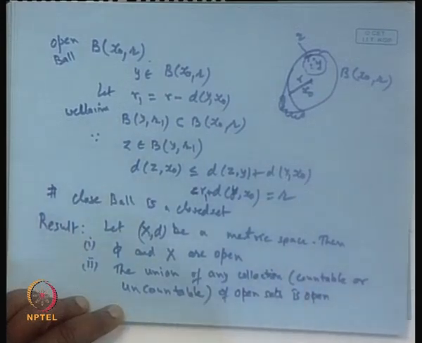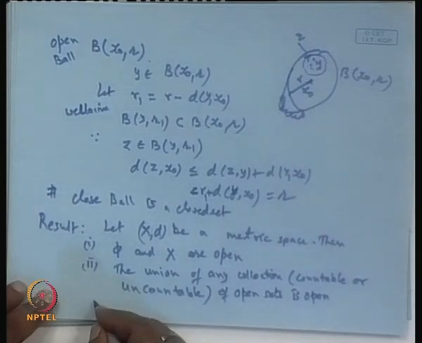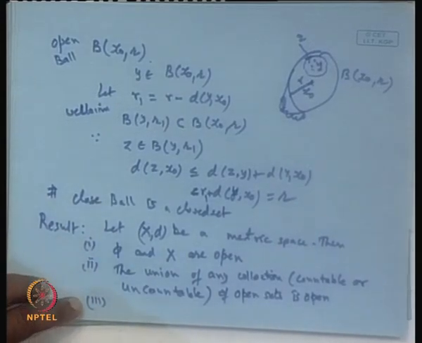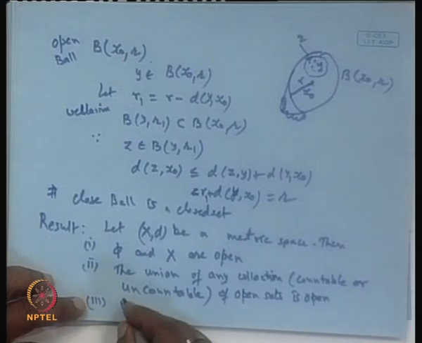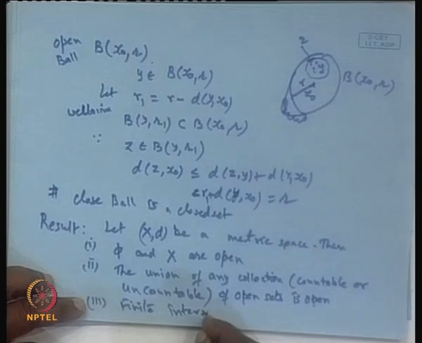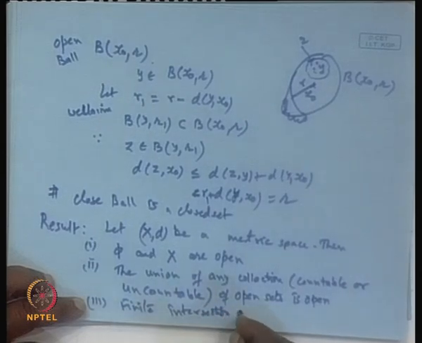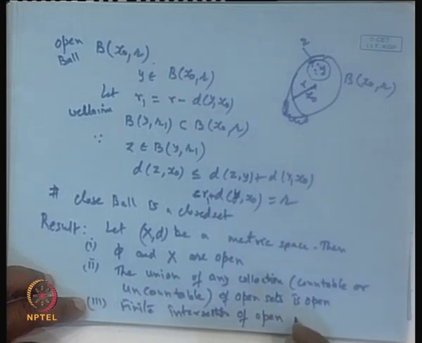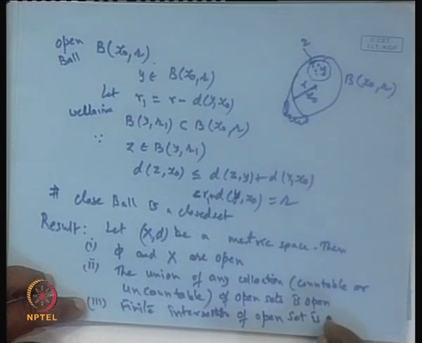So, any arbitrary union of open sets is open. And third, the finite intersection of open sets is open.